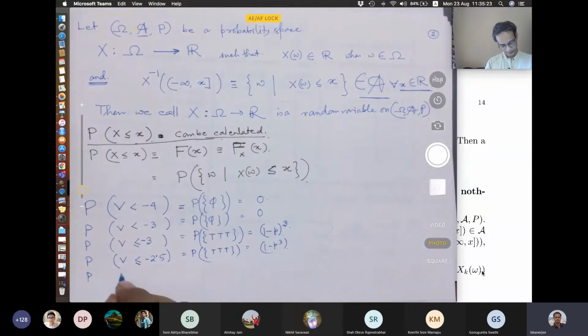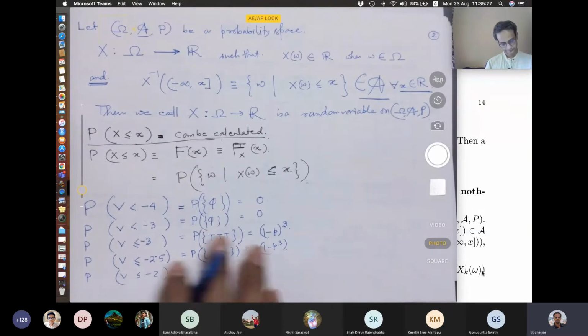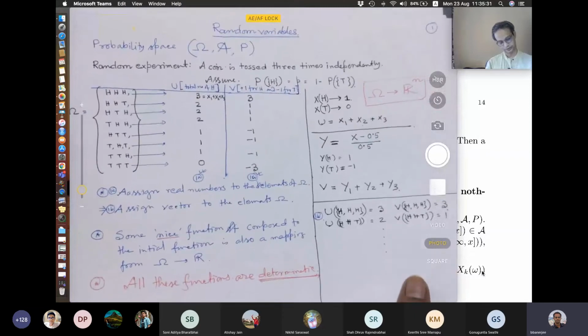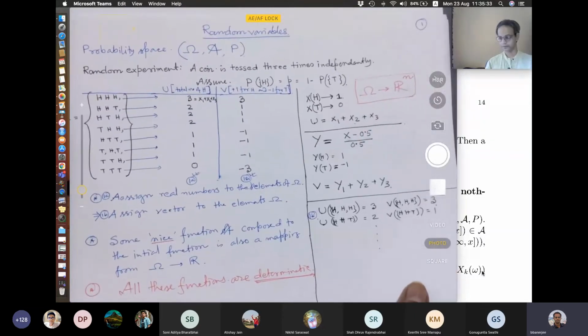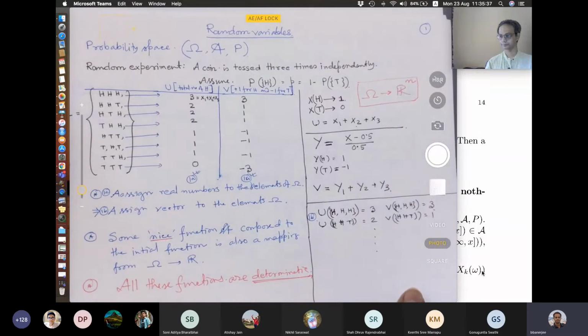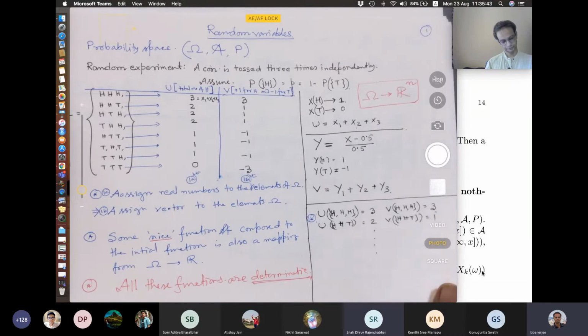Now V less than or equal to minus 2. Same, 1 minus p whole cube.